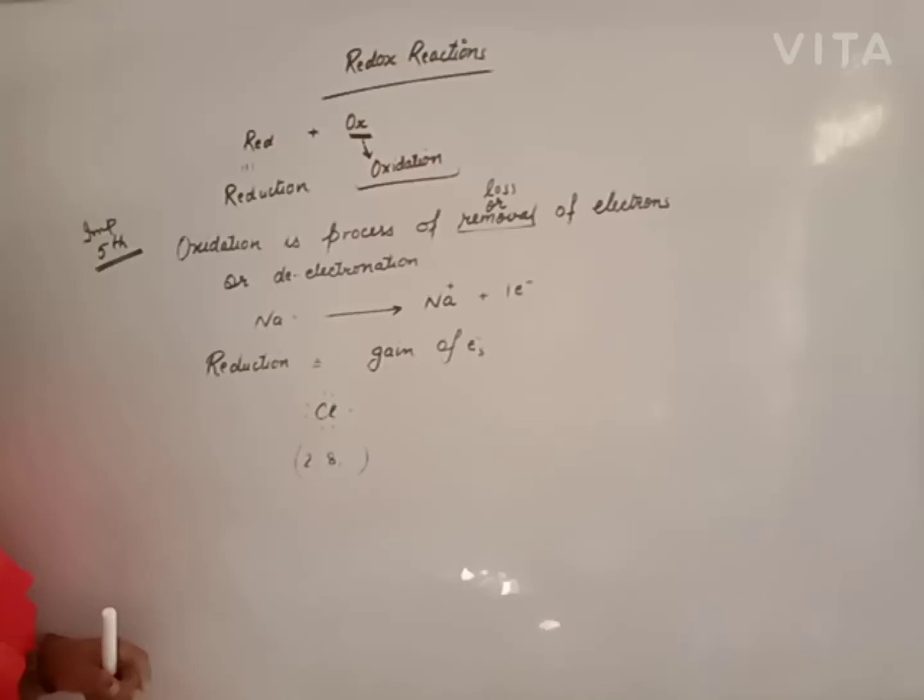Beta, redox reactions are those reactions in which oxidation and reduction take place simultaneously. This word simultaneously is important. Both processes go on in the same direction, with the same speed, at the same time.